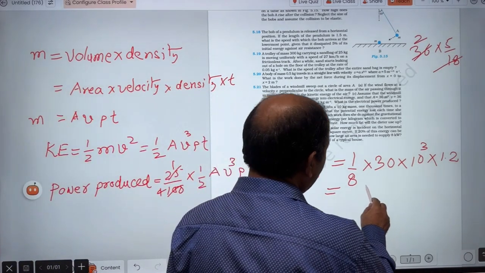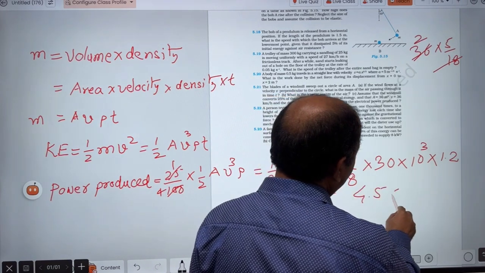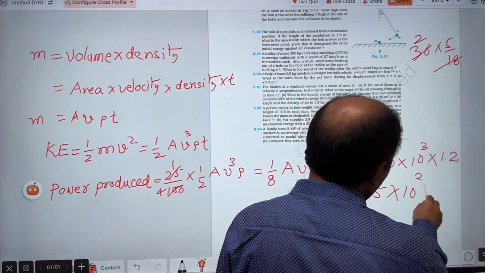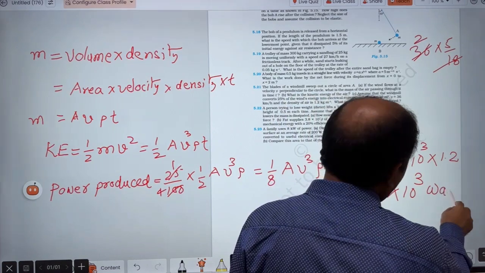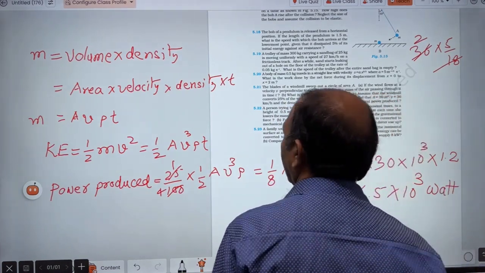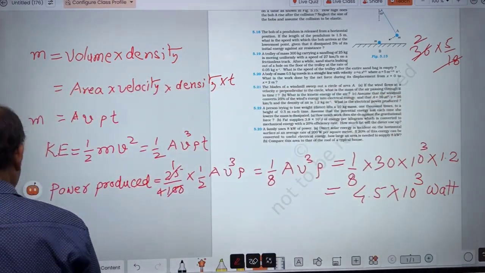So you will get 4.5 into 10 to the power 3 watt. I think you've understood.